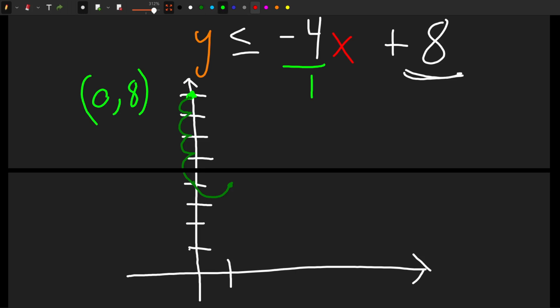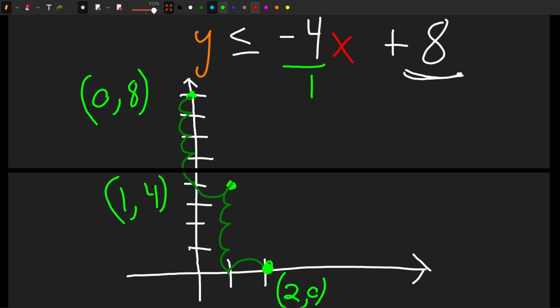And so my next point will be right here. Now I can continue this pattern, do one more. 1, 2, 3, 4, and then over 1. And my next point is right here. So I have a couple of points. I have one point at (1, 4), which is in the middle here. And then I have another point at (2, 0).